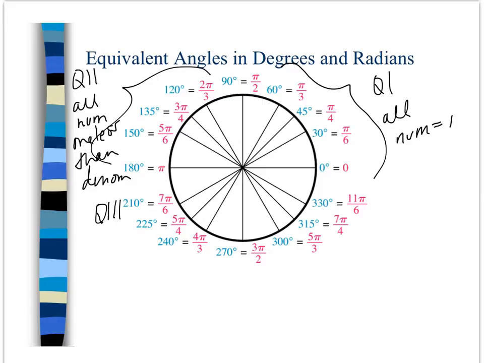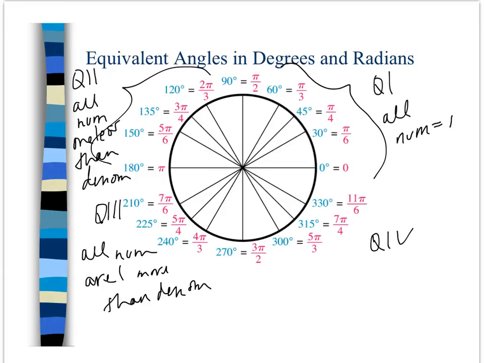In quadrant 3, all of your numerators are 1 more than your denominator, and in quadrant 4, all of your numerators are 1 less than double your denominator.